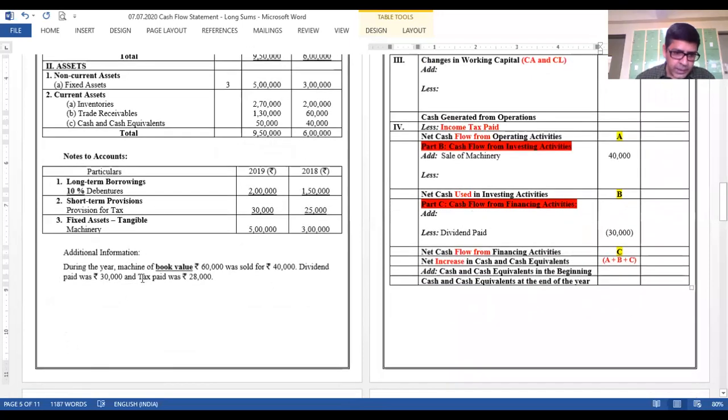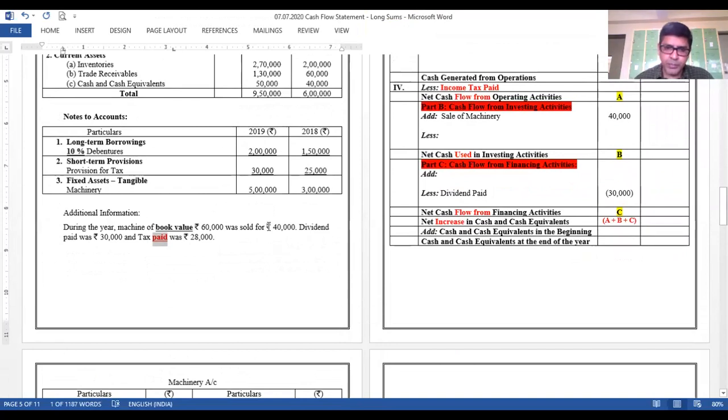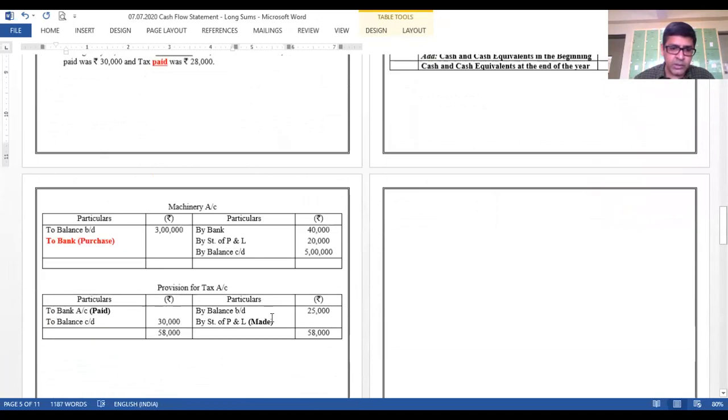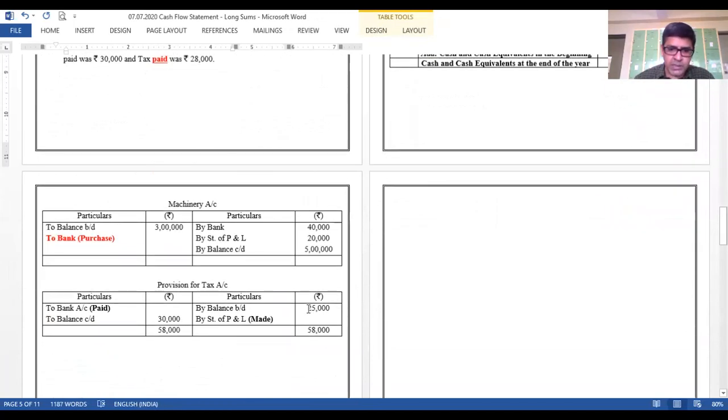Now over here, taxes paid is given. When you pay taxes, the entry is very simple: tax account debited to cash account. So we have to prepare a tax account wherein the opening and closing balance is 25 and 30. Opening balance can be seen as 25, closing balance can be seen as 30.